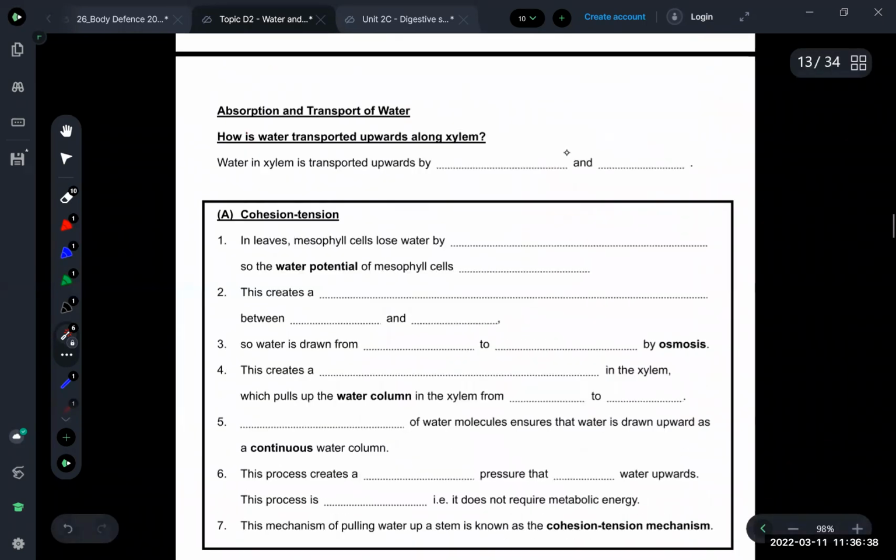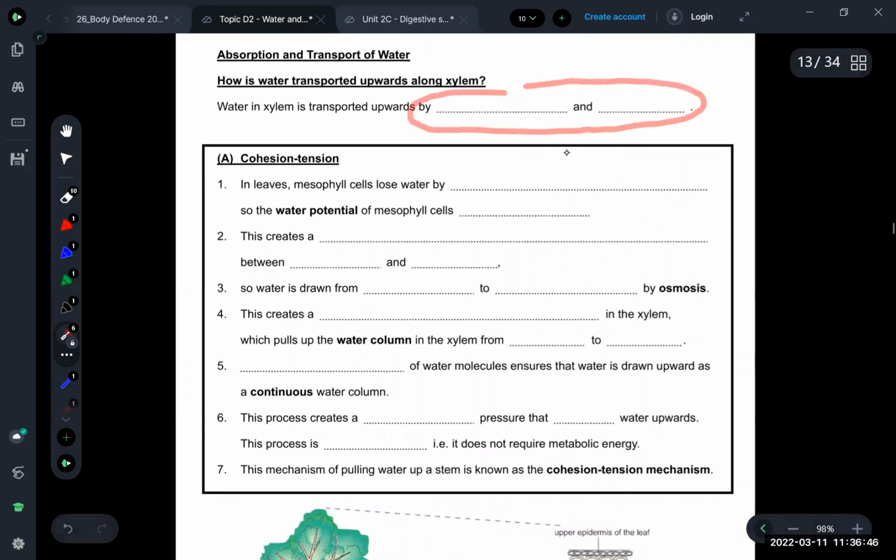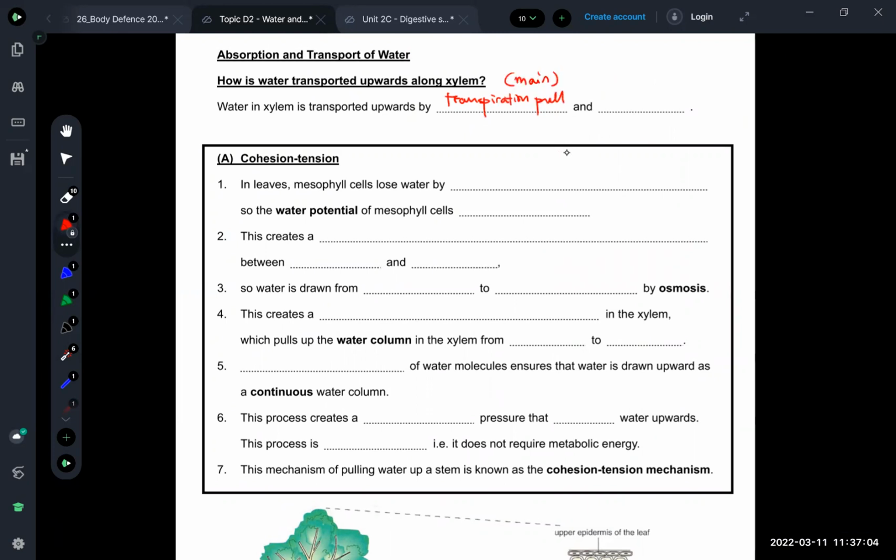So now turn to this page and fill in the blanks. There are two driving forces that will move the water upward. I think what we learned is the first force here is driven by transpiration pull. And this is the main force that moves the water.